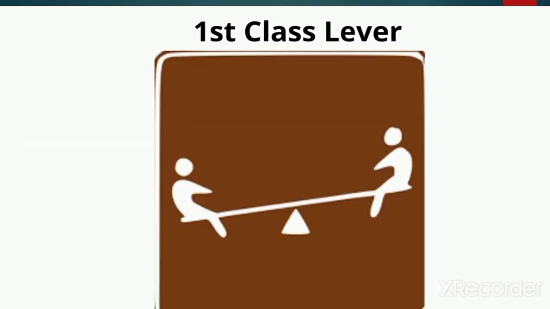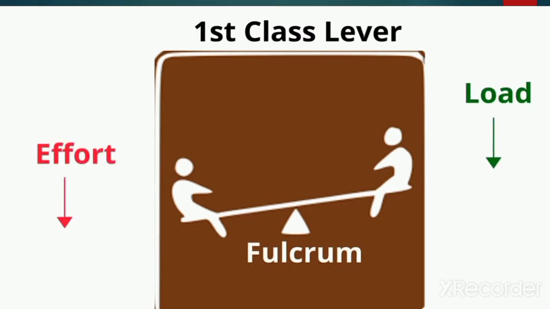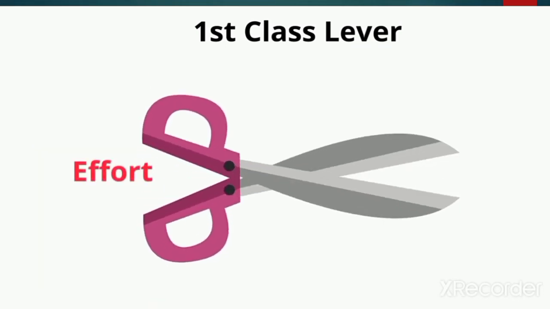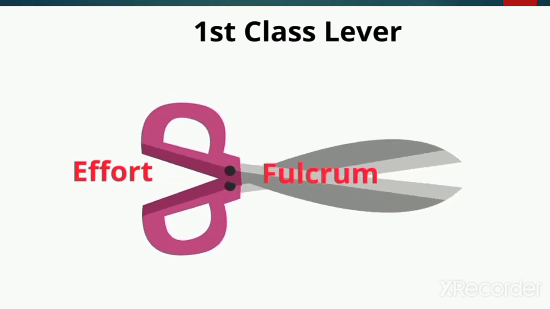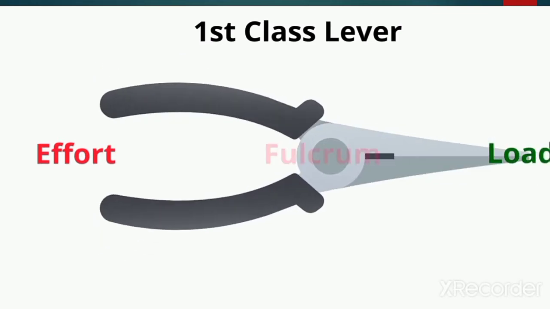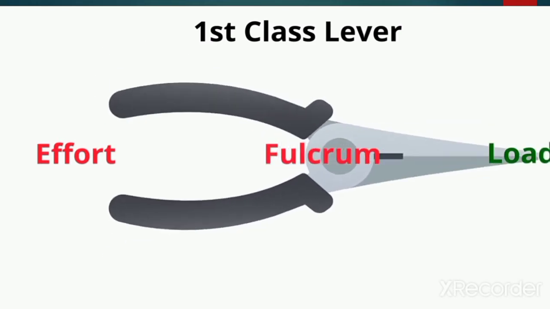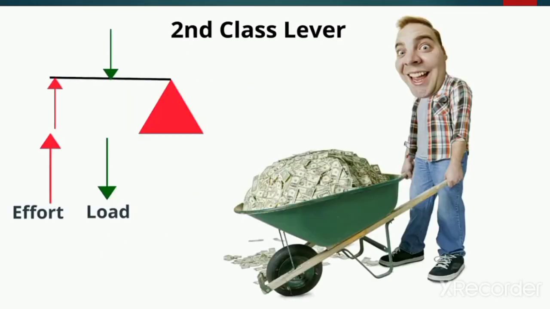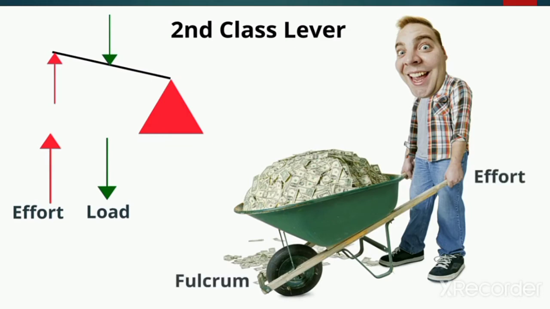With a first class lever, the fulcrum is in the middle and the force is on one side and the load is on the opposite end, much like this seesaw. Other examples include scissors. Here's the force, the fulcrum, and the load, and pliers. Second class levers have the load between the force and the fulcrum. For example, with this wheelbarrow, here's the force, the fulcrum, and the load.